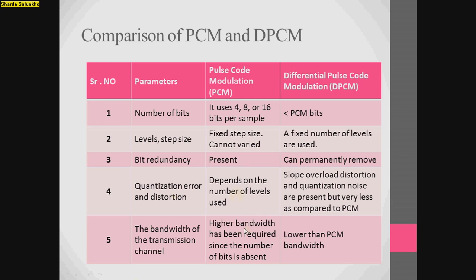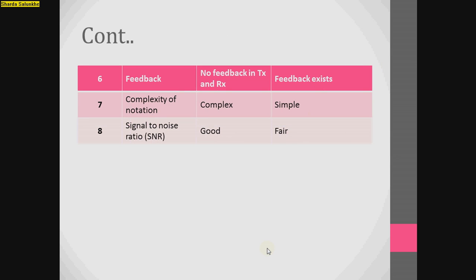Bandwidth. Higher bandwidth is required in PCM since the number of bits is large. In DPCM, the bandwidth is lower than PCM because the number of bits is less. Next, feedback. There is no feedback in the PCM transmitter and receiver sections, but in DPCM the feedback exists because the predictor uses the previous output for predicting the next output.